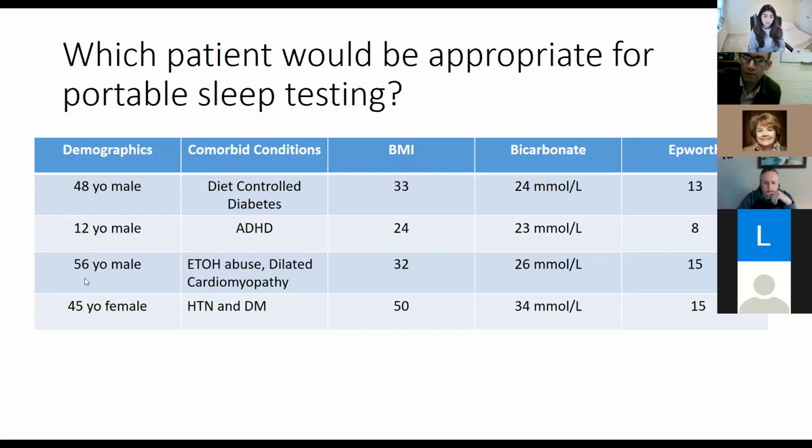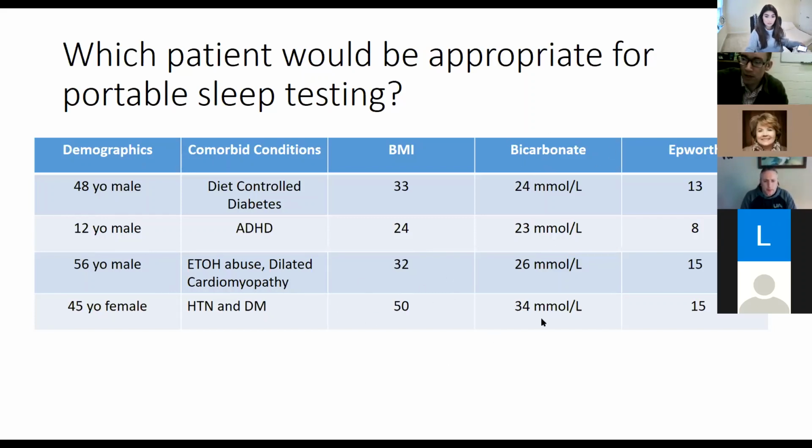The third patient down, the 56-year-old with cardiomyopathy, patients with cardiomyopathy are high risk for those more complex types of sleep apnea that really can only be diagnosed and treated in a sleep center because they use much more advanced sort of PAP modalities.